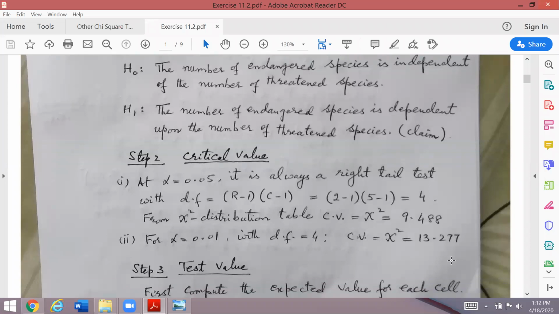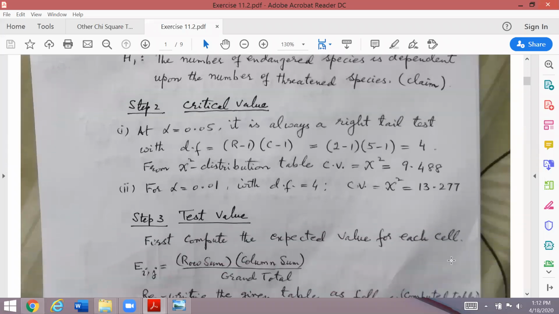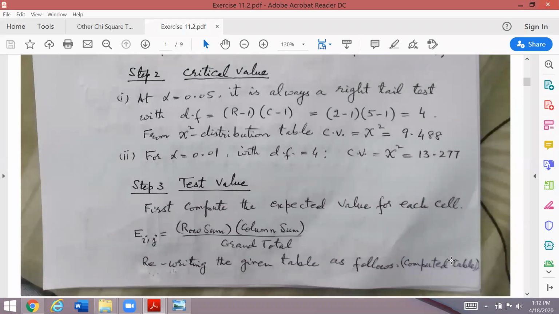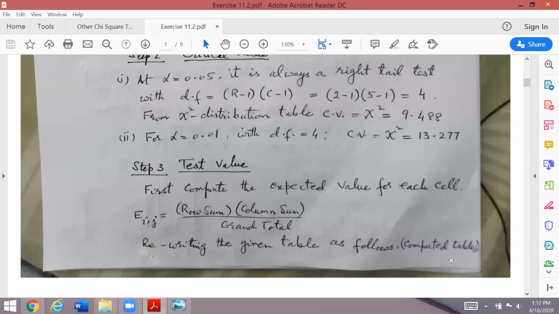The next is the test value. In these types of questions, especially in the test value step, you have to go for longer calculations. It will take time, but don't be scared because every calculation is done in the same style. Numerical values are different, but the way you calculate expected values will be the same.